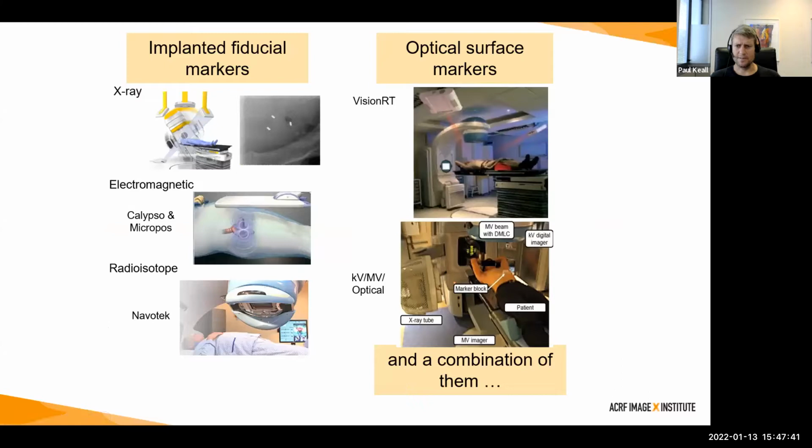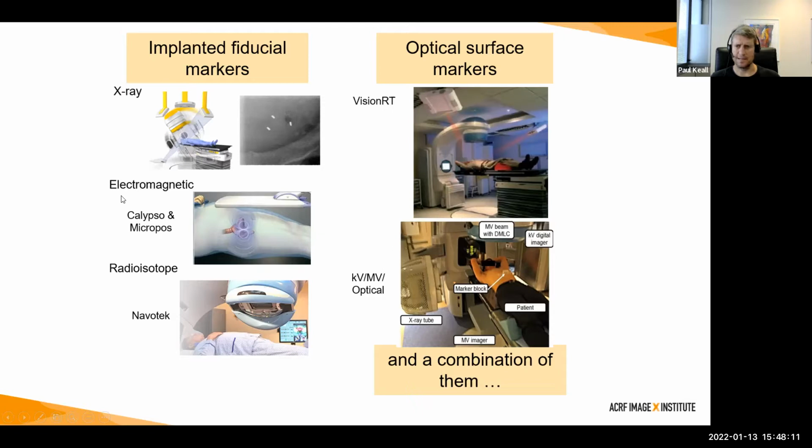There are different technologies that are being used to monitor where the tumor is within the patient. And interestingly, different parts of the electromagnetic spectrum are being used. So we have X-rays, both megavoltage and kilovoltage.